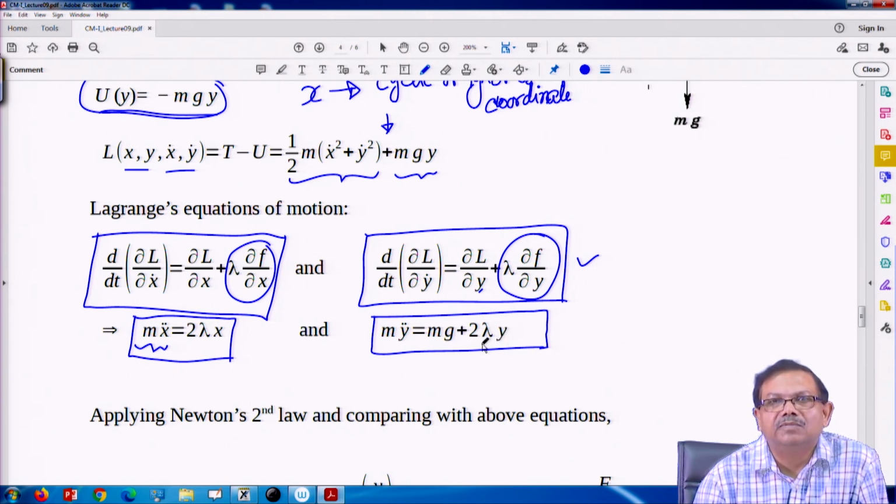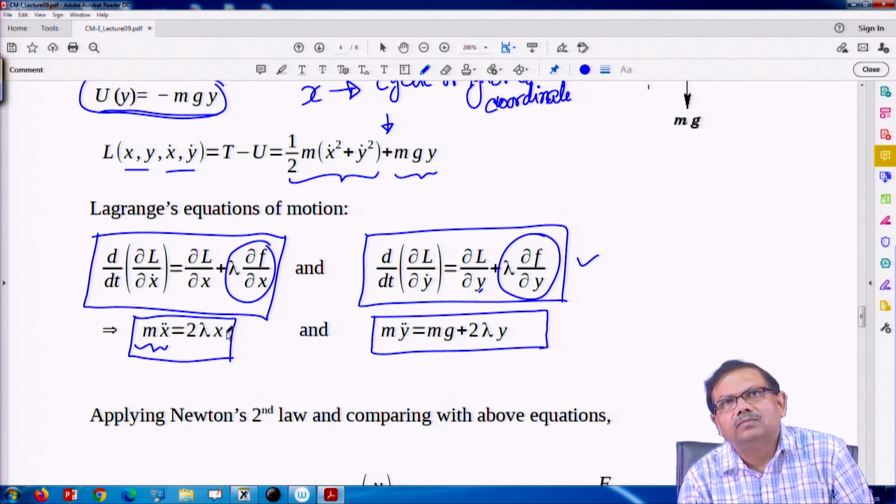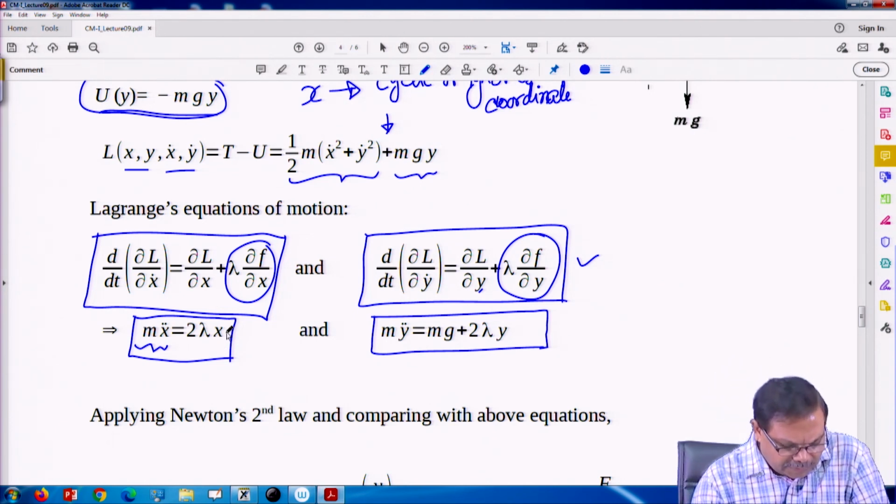So, lambda times the partial derivative of the constraint function f with respect to y, and here 2x was the partial derivative of f with respect to x.